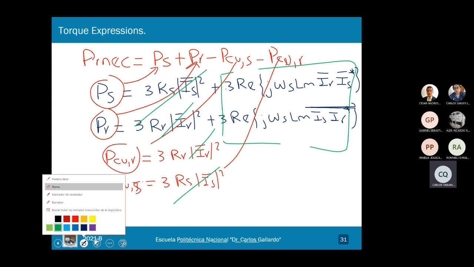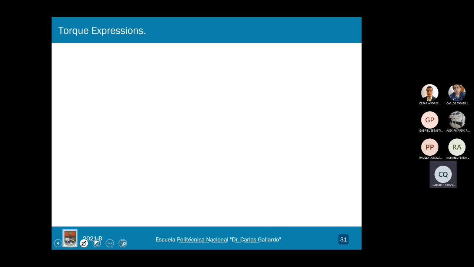Finally, the mechanical power is equal to 3 times the real part of j, the angular speed, the magnetizing inductance, times the rotor current, phasor, times the conjugate of the stator current. This is my first term. What about my second term? I will have 3 times the real part.